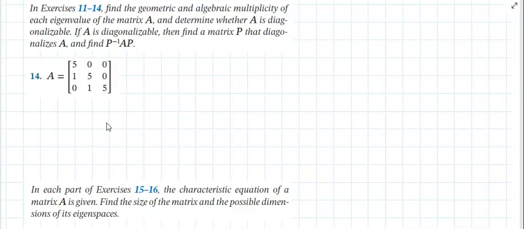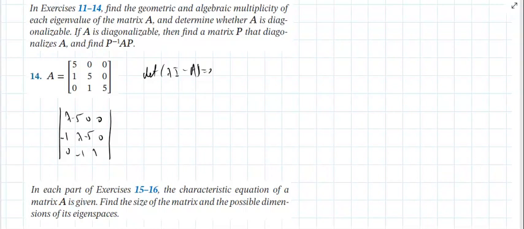Well, if I look at 14, if I take the determinant of lambda I minus A and set it equal to 0, I'm looking at lambda minus 5, or I could simply see that this is diagonal, so what's lambda?